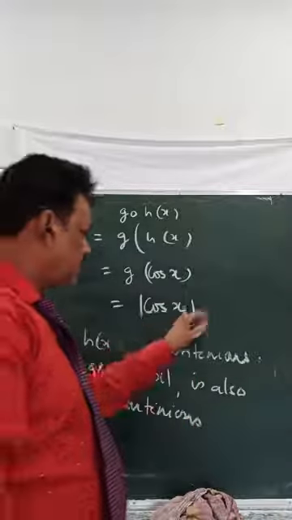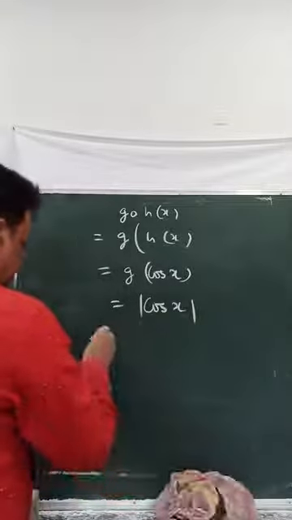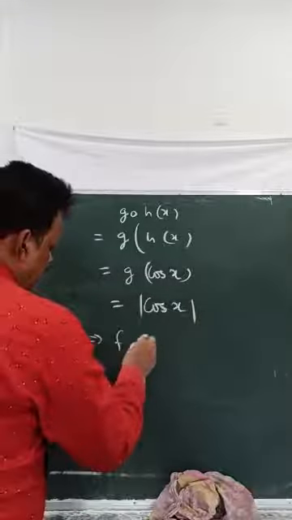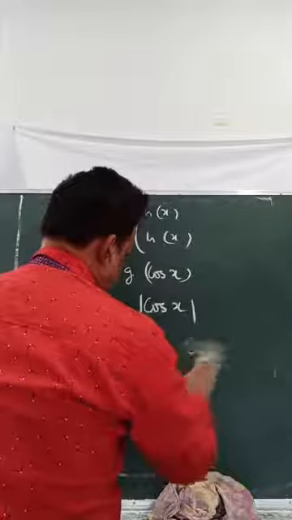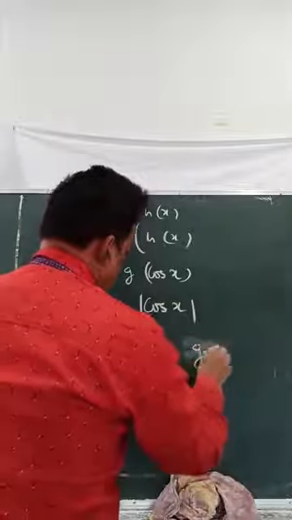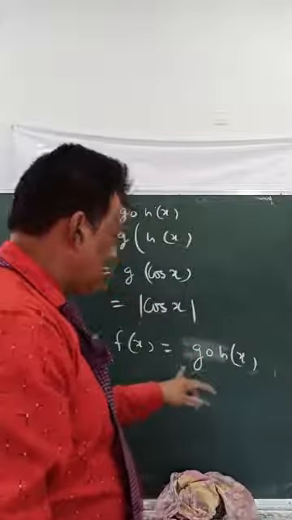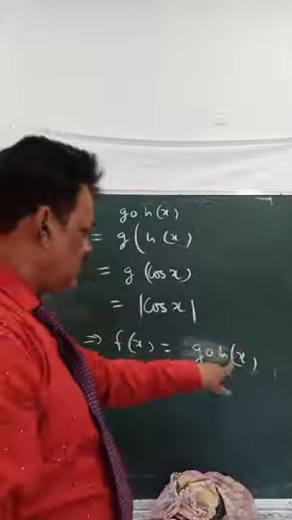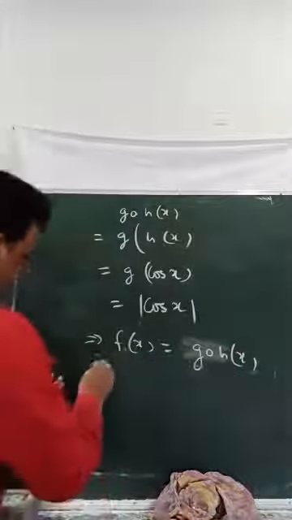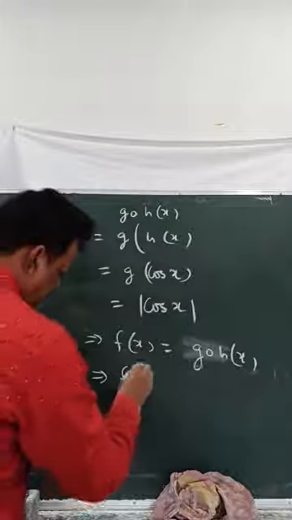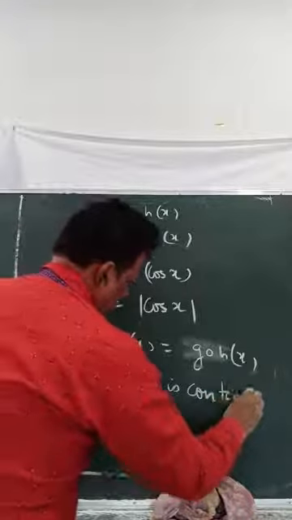So this implies f(x) is modulus of cos x, which is equal to g of h(x). Since we have already proved that h(x) is continuous and g(x) is continuous, that gives you f(x) is continuous. Continuous function.